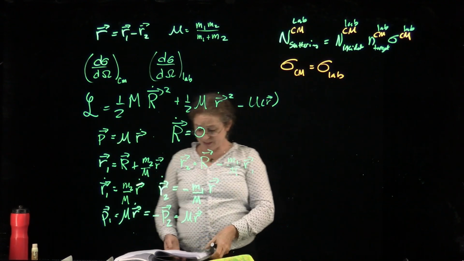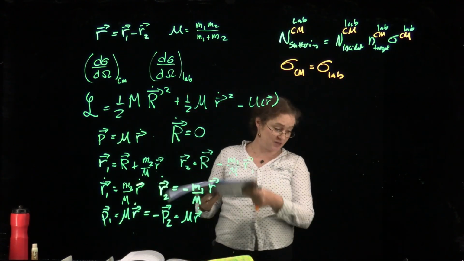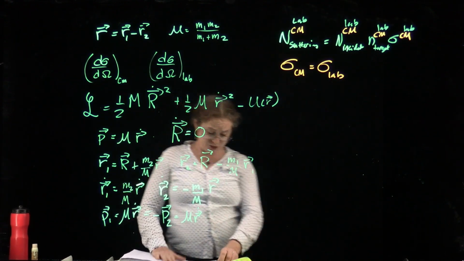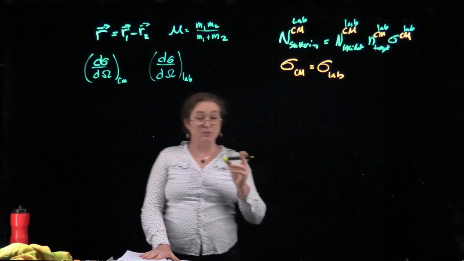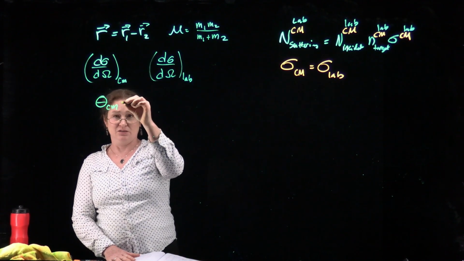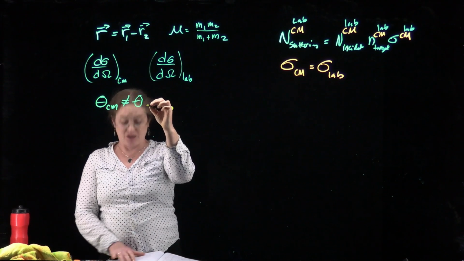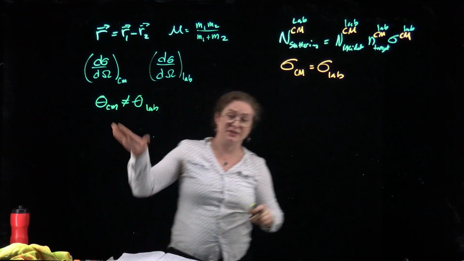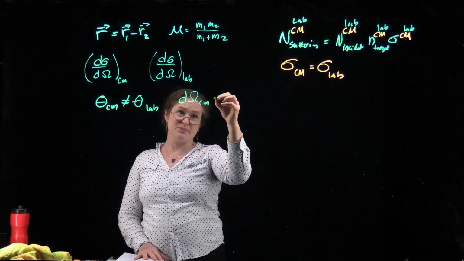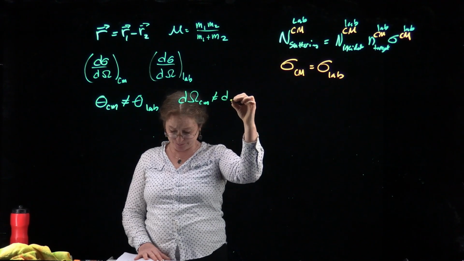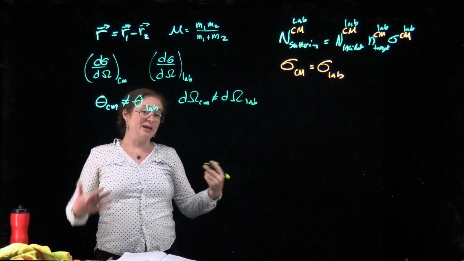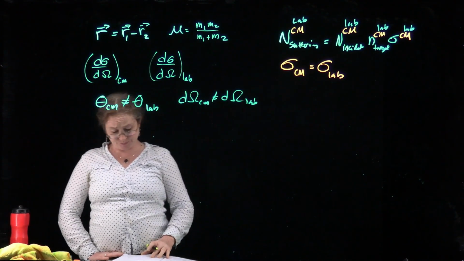That is both enlightening and useful because, of course, typically what we actually measure is the differential cross-section. But what is not generally true is that the angles in the two different frames are the same, very much not the same. And the solid angles in the different frames are very much not the same. So that means that we have to work this out some other way.